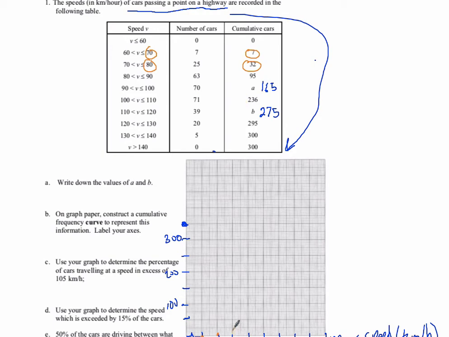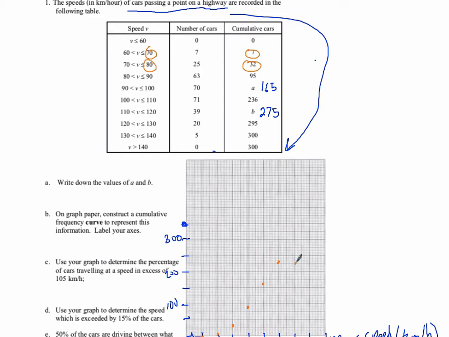Now this is 50, this is 25, so 32 is something like that. Then 90, 95 is almost at 100. Then the next one at 165, that's 150, that's 175, so right there. The next one's at 236, 250 is there.